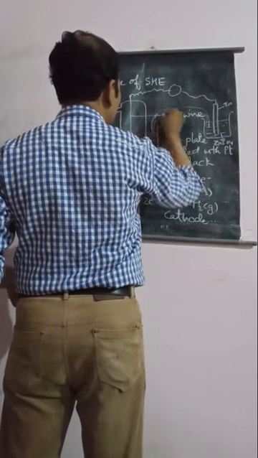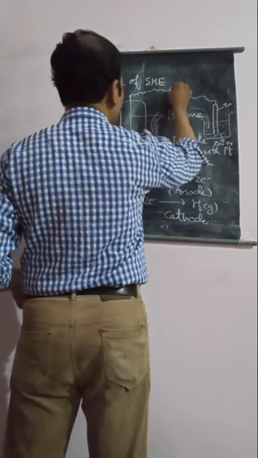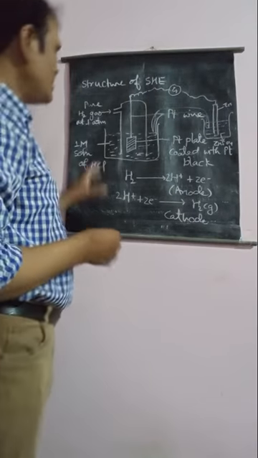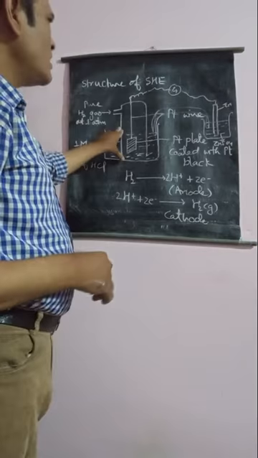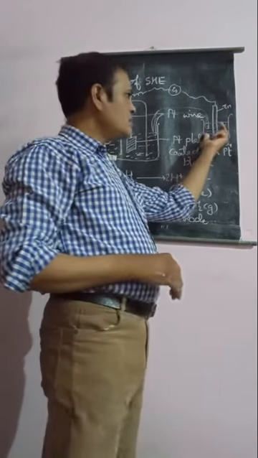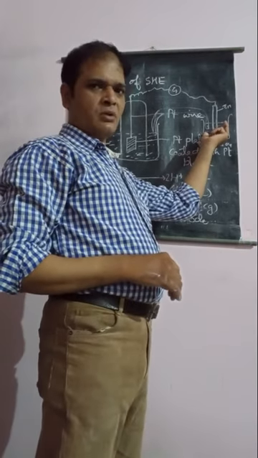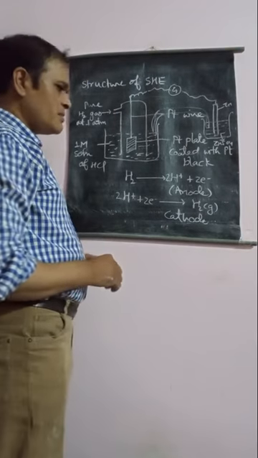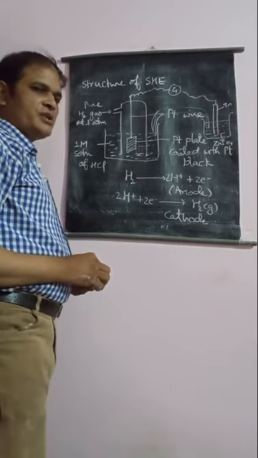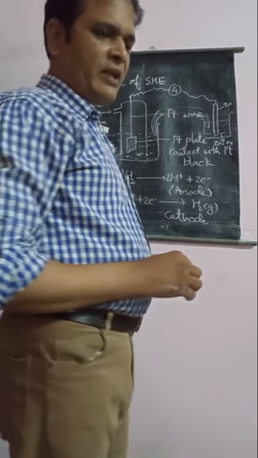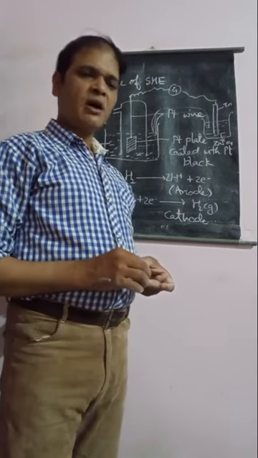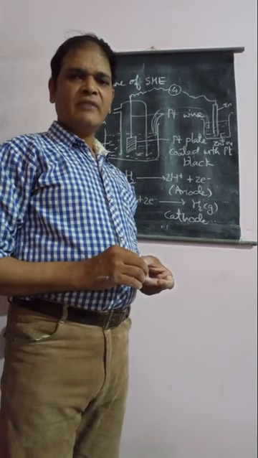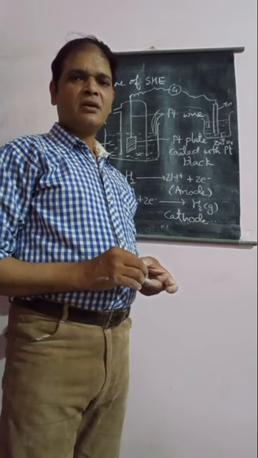Our galvanometer will show a particular reading, and in this manner we can measure the electrode potential of this unknown half electrode. So this is the particular method for measurement of the electrode potential of a half electrode or half cell. Further, we will study another topic in the next video.